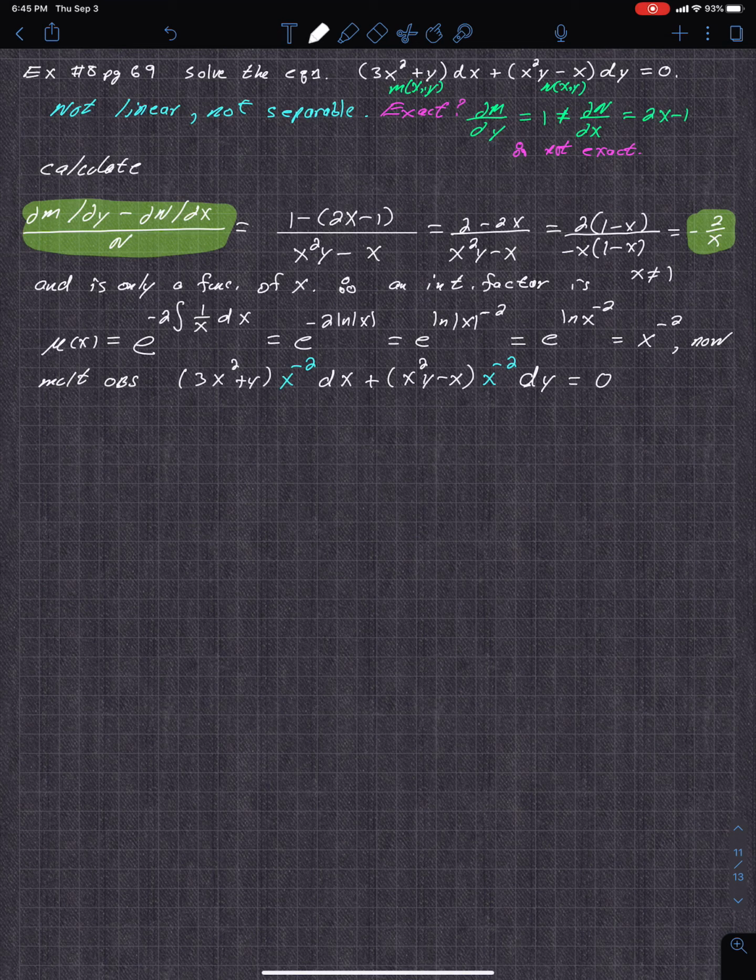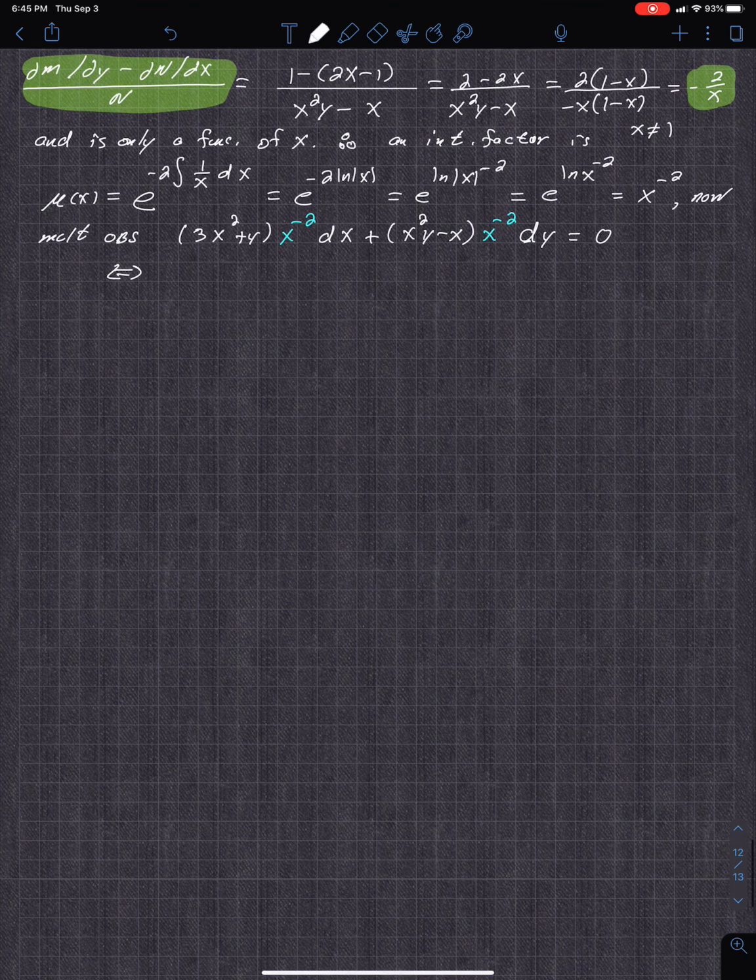We know that's exact, but let's check it out. Let's simplify that a little bit. Bring the x down, do a little simplification, and you end up getting (3 + y/x²) dx + (y − 1/x) dy = 0.